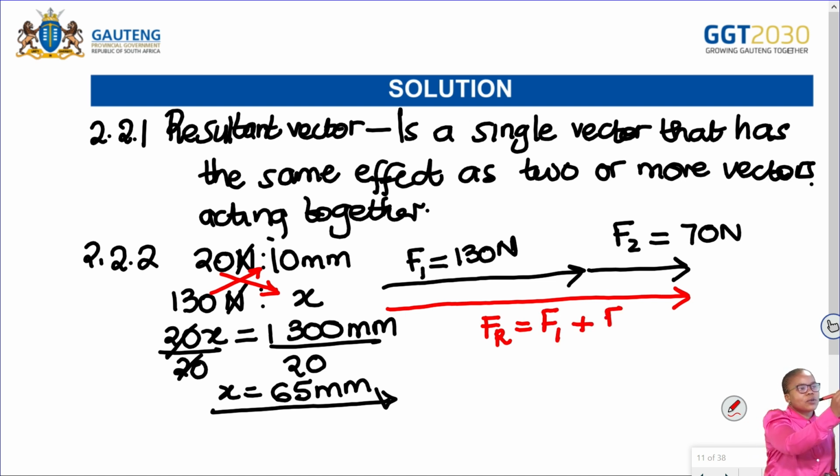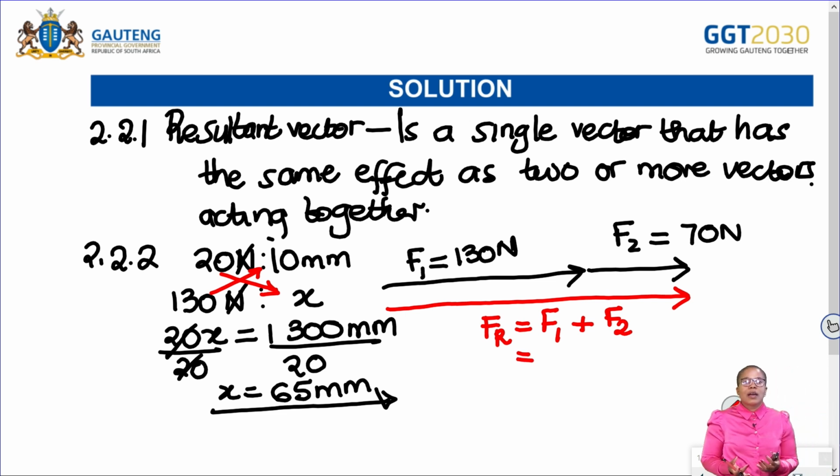FR equals F1 plus F2. Both of these vectors are going to have the same sign. Why are they having the same sign? Because they are all going in the same direction. Both these two workers were pulling in the same direction.